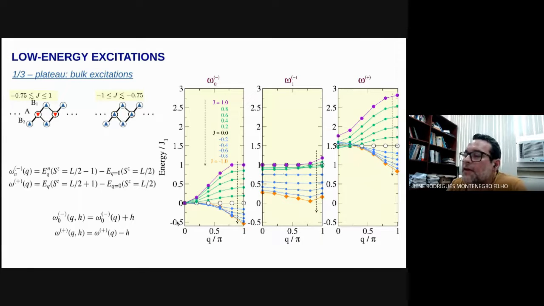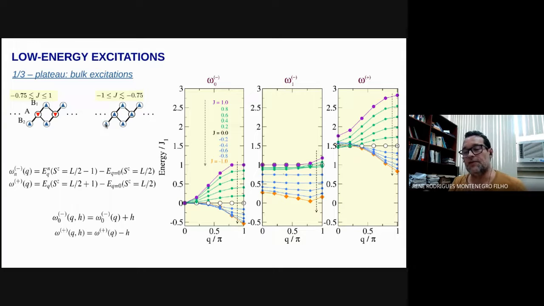if you take here the lattice, we will have a site here coupled antiferromagnetically with its neighbor. And if we lower the magnetic field from the ferromagnetic state, the flipped spin goes to the extreme of the chain.